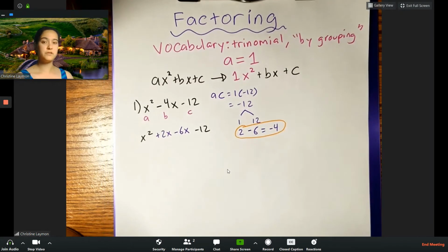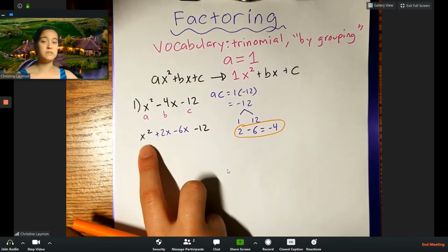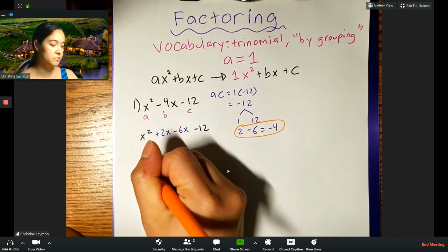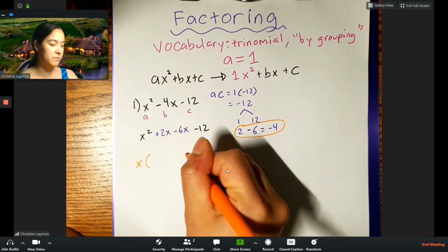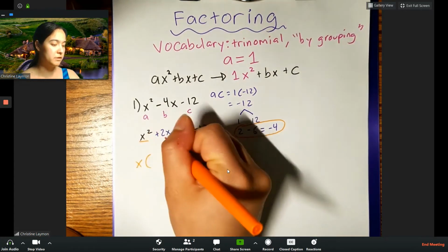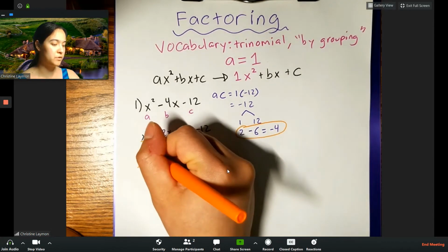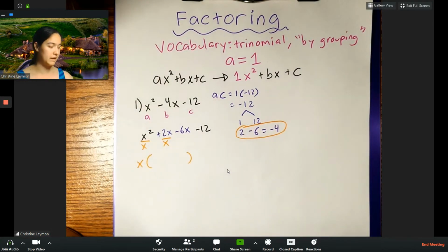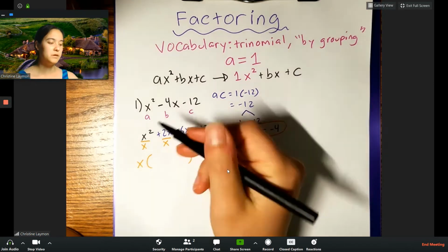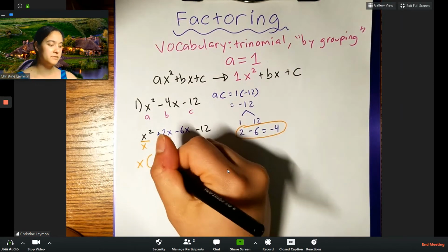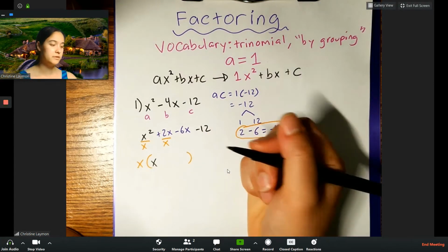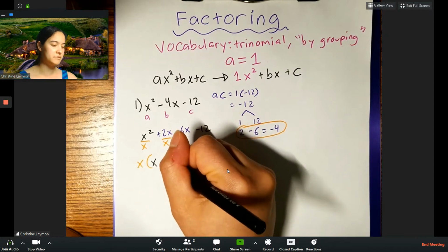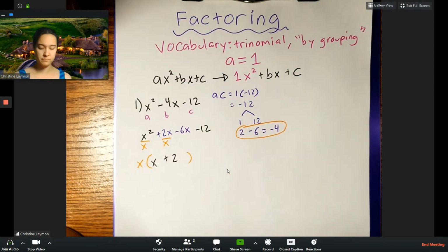In these first two terms, what they have in common is just the x. So I start with x, and I have my parentheses. I basically divide those first two terms by x. Well, x squared divided by x is just x. 2x divided by x is just 2. So x plus 2.